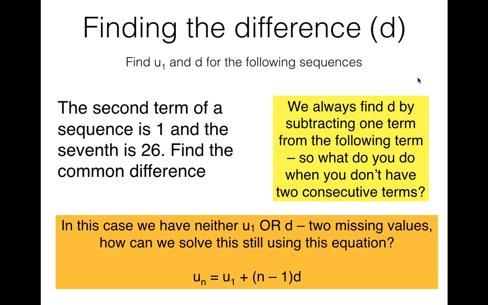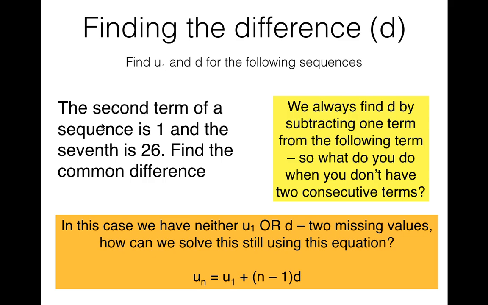So, there are times when you don't get 2 consecutive terms and you don't get told what U1 is. And you don't get told what D is. We've only got an equation to help us out and we have 2 missing values. Now we've talked extensively about what we do if we have 2 missing values. In this case we are being given 2 terms.